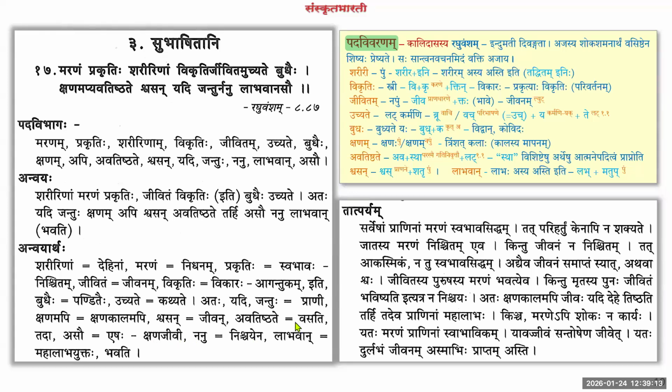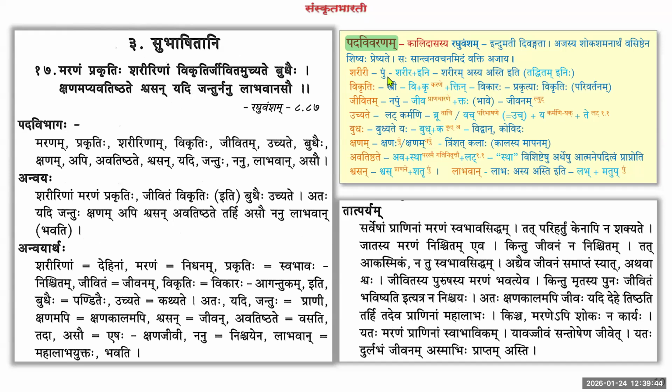That's what they have taken this kshanam api as, extended to avatishtate with kshanajivi. एषः क्षणजीवी ननु निश्चयेन लाभवान् महालाभयुक्तः भवति. I mean, nanu, they have converted the rhetorical 'isn't he' into nischayena type of translation. It's okay. It's a little bit tatparya style.